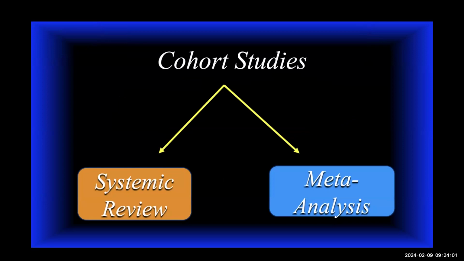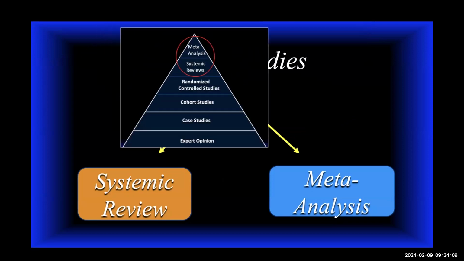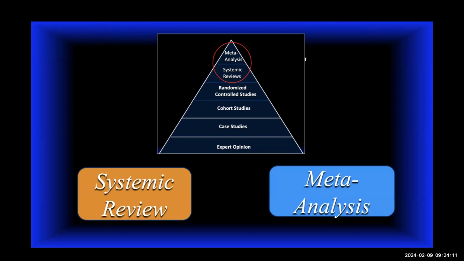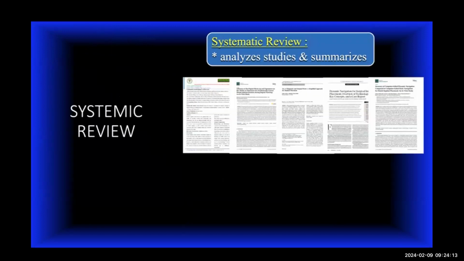And then you go one step further. You get all these prospective studies, and then someone looks at these in what is called a systemic review. And systemic reviews and meta-analyses are, like I said, at the apex of the triangle or the pyramid. So when we look at systemic reviews, what that author does is they take all the studies on that subject.